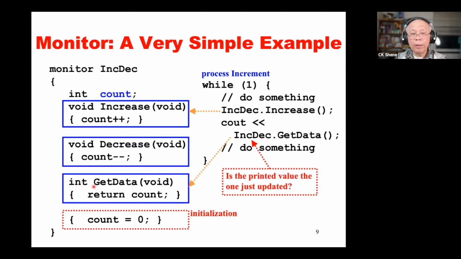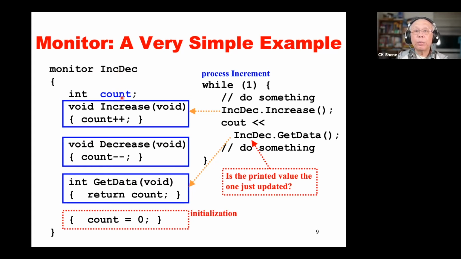So these are very simple syntactic rules for you to remember. Now, let's take a look at a very, very simple example. Remember, when we maintain a counter, some thread may increase it, some other thread may decrease it. So the increment and decrement operations must be protected by a critical section. Now, if we know monitors, this is very easily done. Let's write a monitor. Let's call it inc_dec.